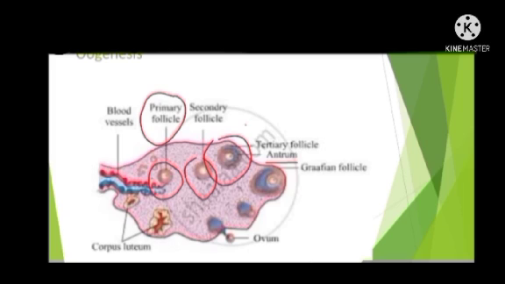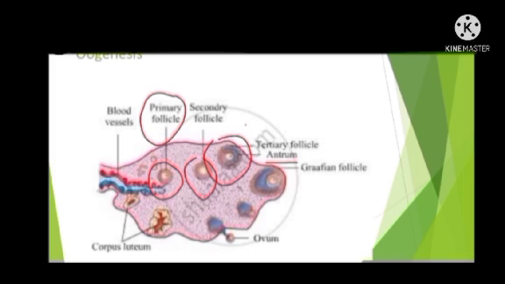At this stage the primary oocyte present within the tertiary follicle grows in size and completes its first meiotic division.